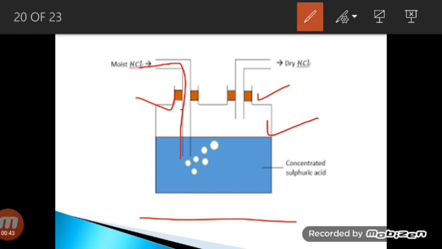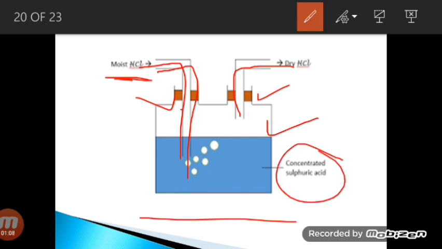Because moist gas is inserted from this delivery tube, so it will go inside the concentrated sulfuric acid, and its moisture will be absorbed. Then the gas which is dried will go up and be taken out from this delivery tube.